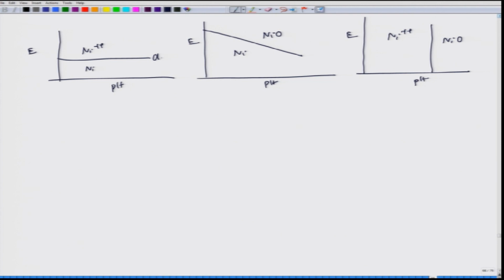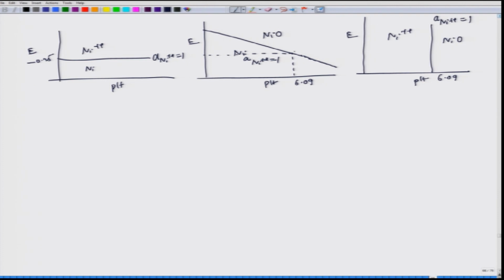If the activity of nickel plus plus is equal to 1, this is 0.25, and this value goes to, as we have calculated before, 6.09 when the activity of Ni plus plus is equal to 1, and this is also 6.09 when the activity of Ni plus plus is equal to 1.